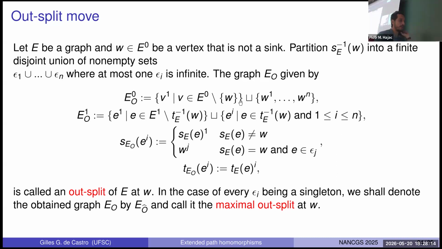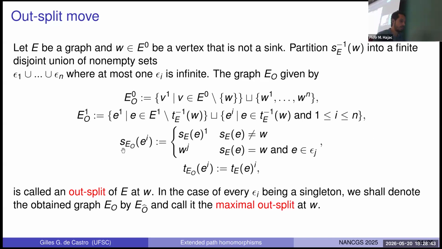So for this w, we remove all edges arriving at w, and we make as many copies of this edge as there are elements in the partition. Okay, so we need to define what is the source and the target of these new edges.